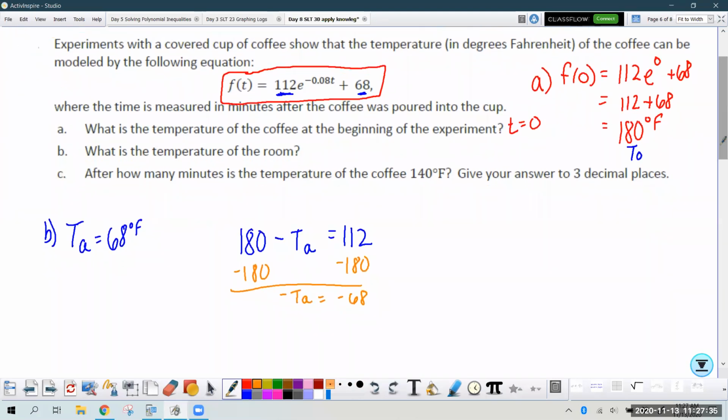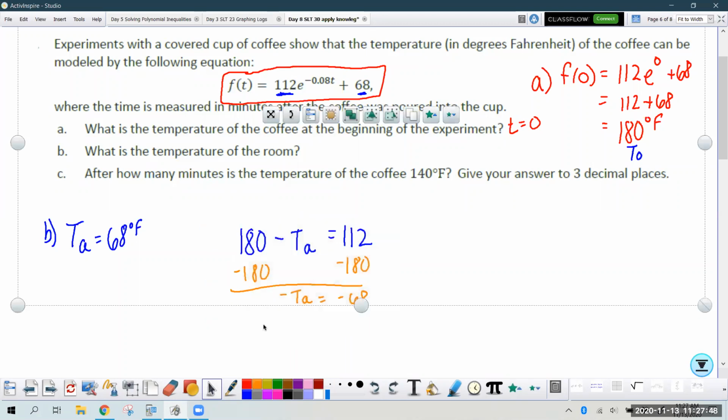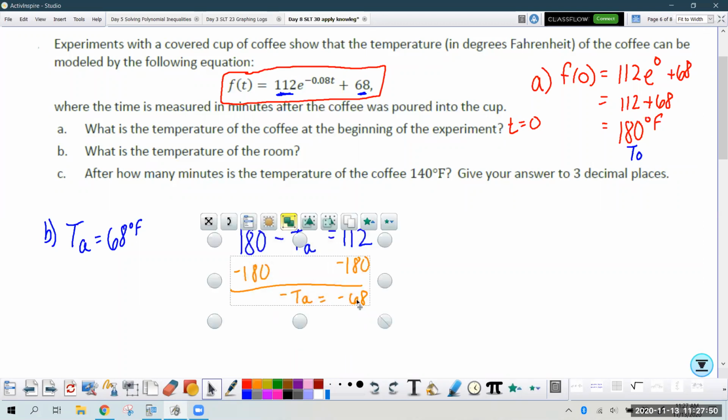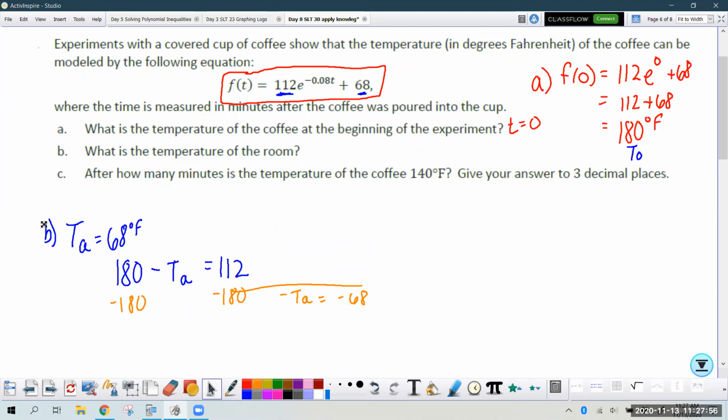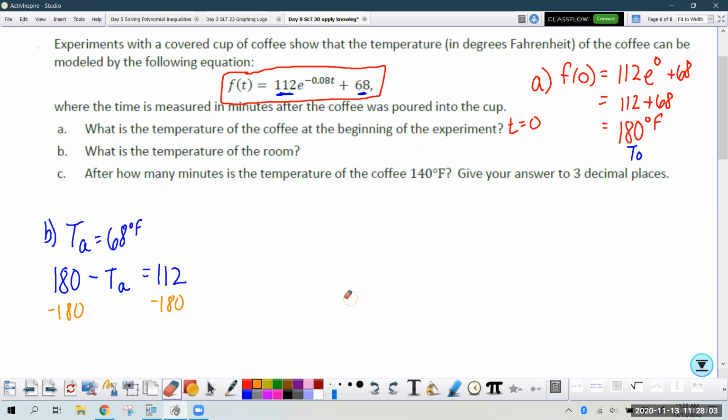All right, part C, after how many minutes is the temperature 140 degrees? So we're going to pause the video here, and I want you to try part C. We've done that now twice. I just wanted to get some more room.